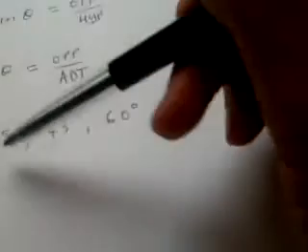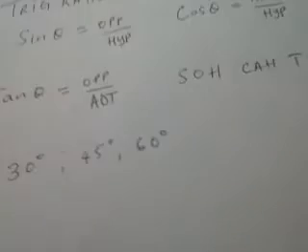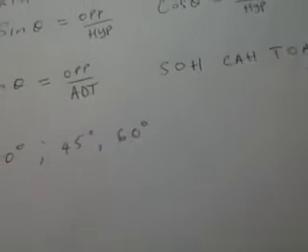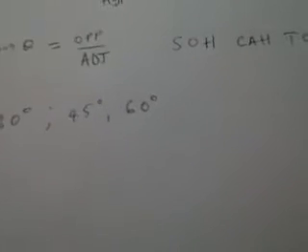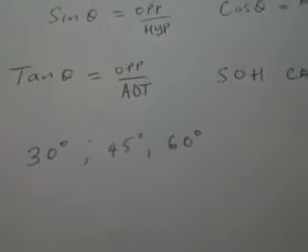If you put these into a calculator, like sine 30, you'll get half. So they give us very nice numbers, which sometimes are rational or simply natural numbers. In that way they are special.